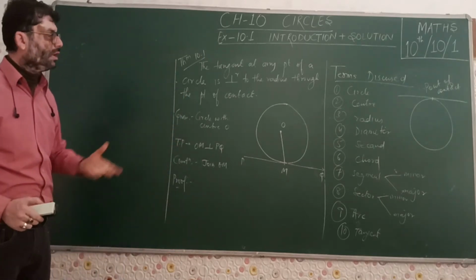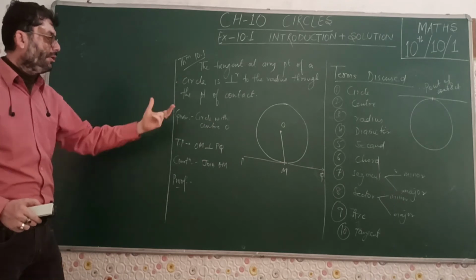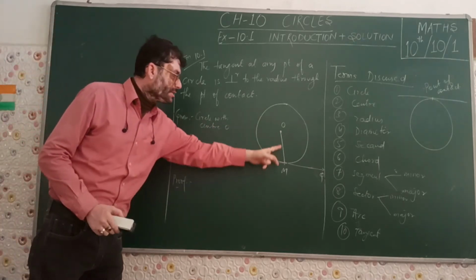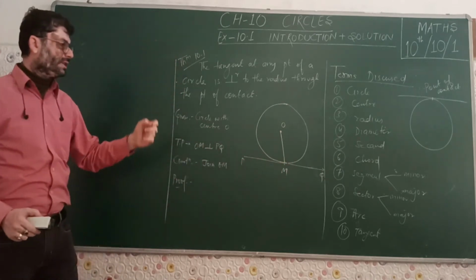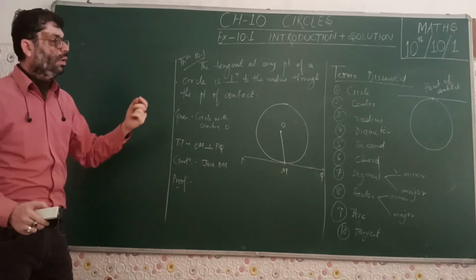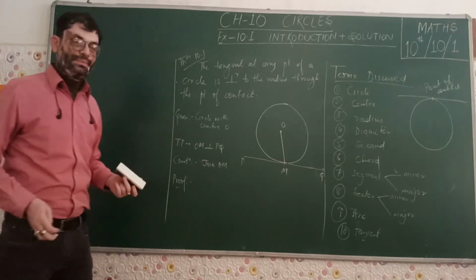So let us now move on. According to our theorem, we are given a circle with center O. We need to prove OM is perpendicular to PQ. For that, we joined OM, and now we will be proving how OM is perpendicular to PQ.